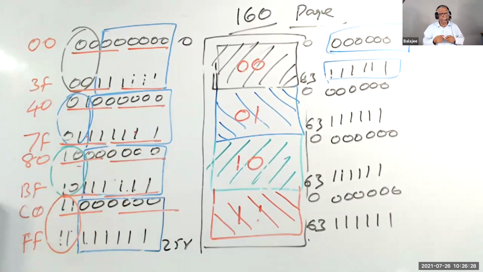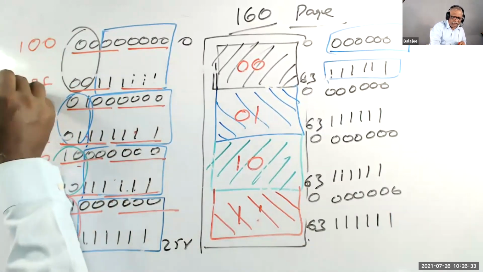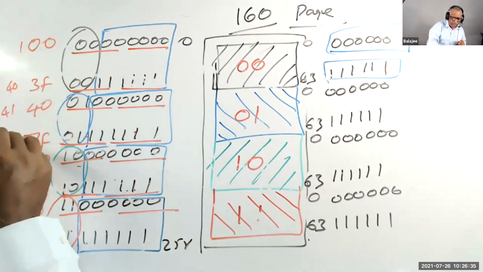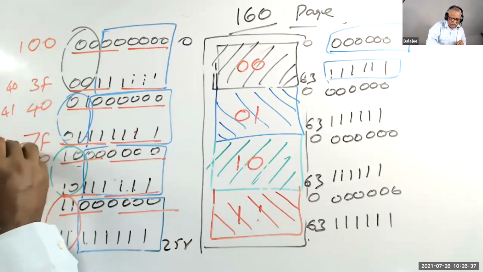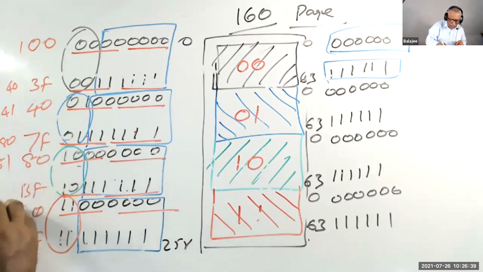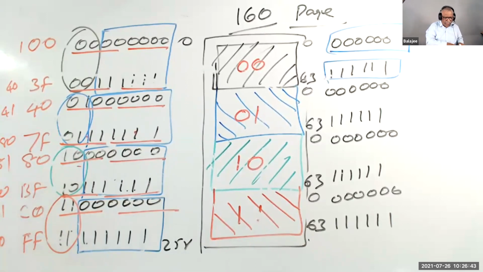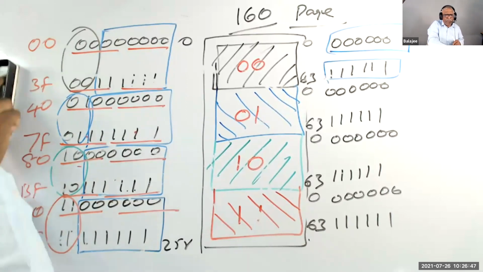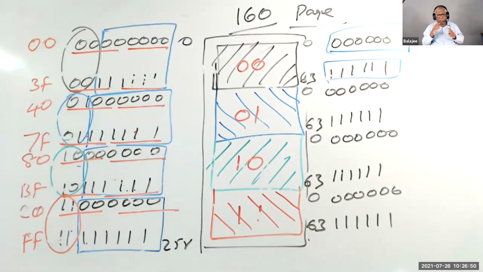So in your case, previously what you wrote was 1 to 40, 41 to 80, 81 to 120, 121 to 160. Now the same thing I have written in this way. Am I right? Right now I divide everything equally.